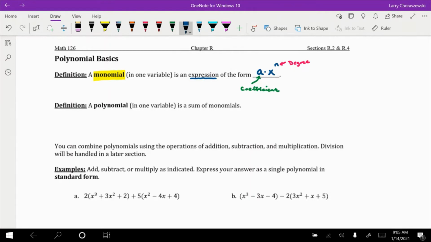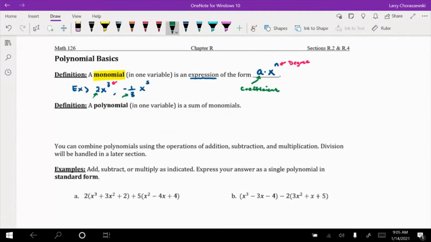Here are a few examples of monomials. You could have something like 2x cubed. That's of the format a times x to the n. 2 would be the coefficient, and 3 would be the degree of the monomial. You could have something like negative 1/3 x to the 5th.